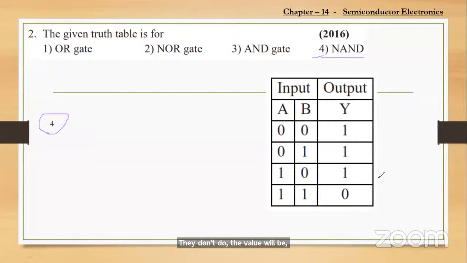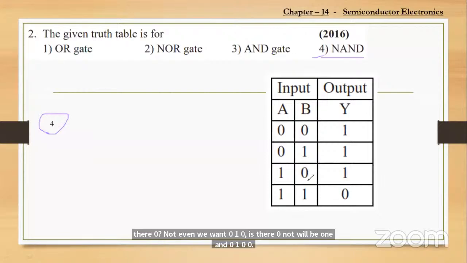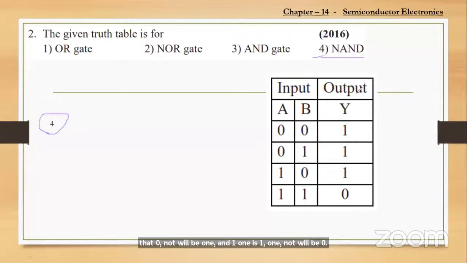But in the case of a NOT gate applied to that AND output, which gives the NAND gate: 0 0 gives 0, and NOT of 0 is 1; 0 1 gives 0, NOT is 1; 1 0 gives 0, NOT is 1; and 1 1 gives 1, NOT of 1 is 0. So that's why it is 1 1 1 and 0. That means the gate is the NAND gate.